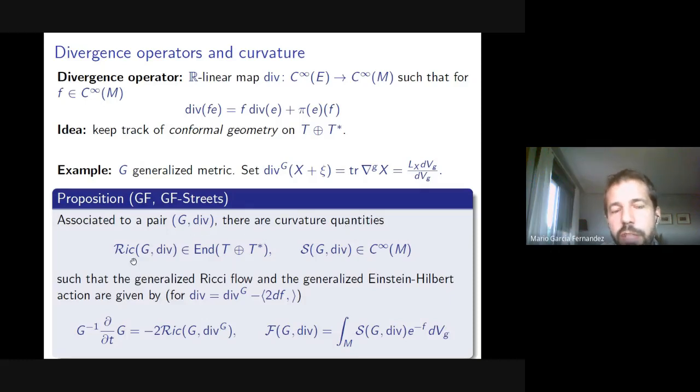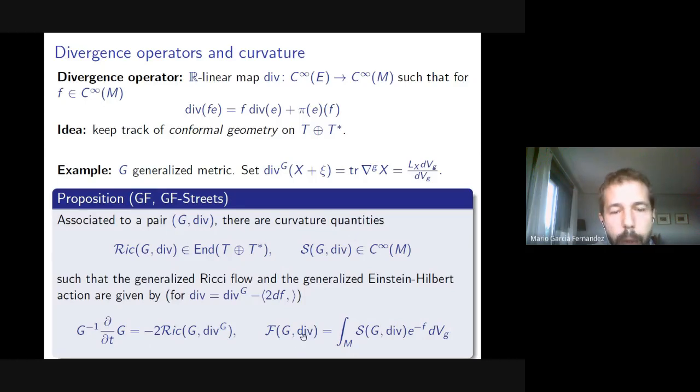There is a generalized Ricci tensor, which is a natural endomorphism of tangent plus cotangent, and a generalized scalar curvature, which is a smooth function on M. With these curvature quantities in hand, you can write down generalized Ricci flow and the generalized Einstein-Hilbert action in a very natural and beautiful way, which really resembles Ricci flow but in a different geometric setup. And this is the generalized Einstein-Hilbert action as some sort of Einstein-Hilbert action for a modified volume.